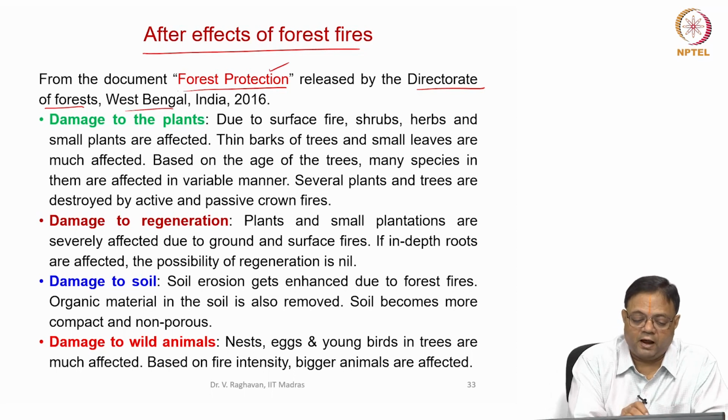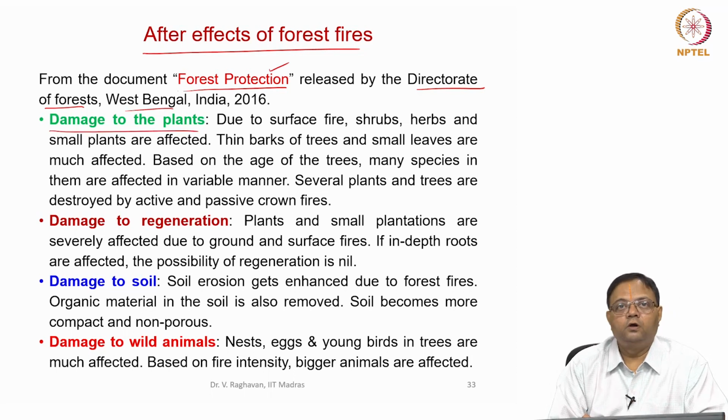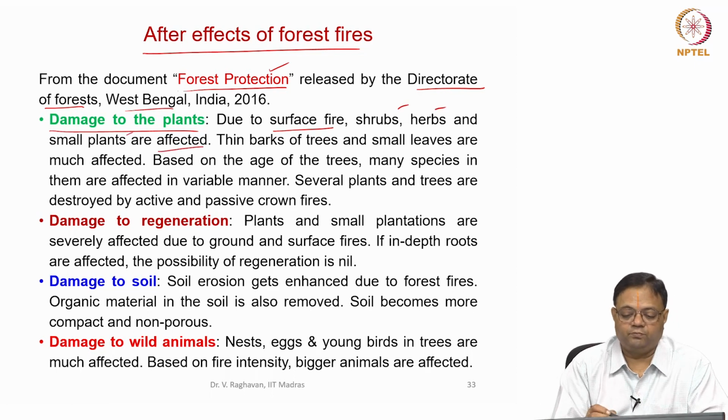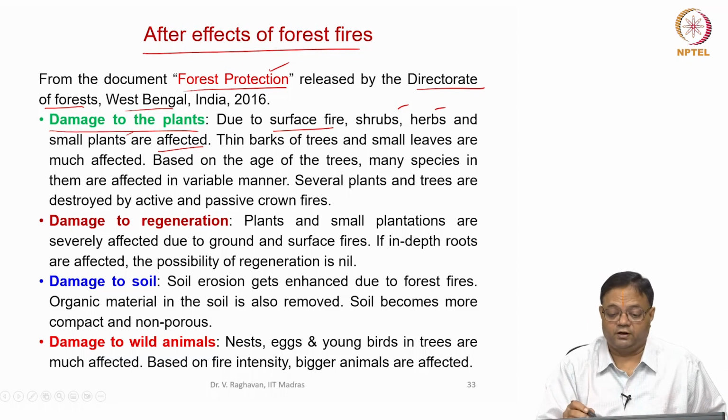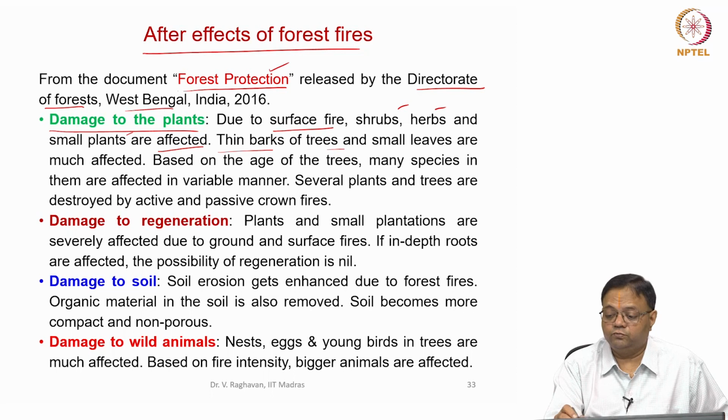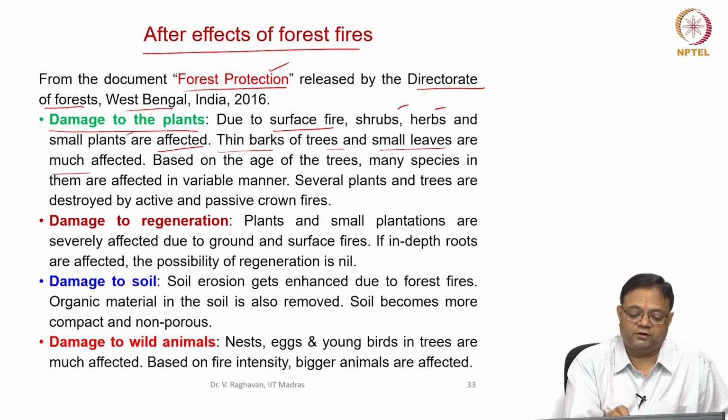First one is damage to the plants. Surface fire is going to cause a lot of damage. Shrubs, herbs, and small plants are affected because they are going to burn in the surface fire condition. Thin boughs of trees, small leaves are much affected.